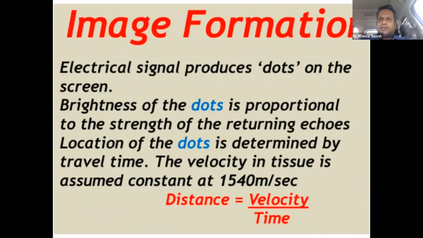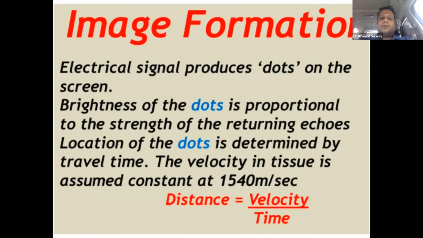As I mentioned, the piezoelectric material produces ultrasonic waves that are transmitted to the tissues, and depending on the tissue impedance, they are reflected back. Depending on the density of the tissue, there will be a difference in frequency of the ultrasonic waves, and that is electronically presented as dots.